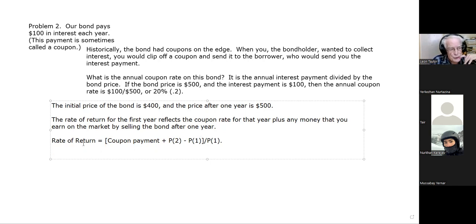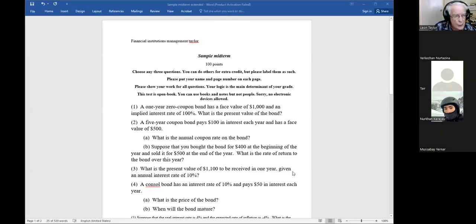Once you understand the formula, the problem is easy enough to solve. The coupon payment in this case is $100.